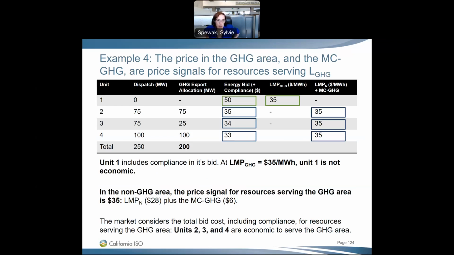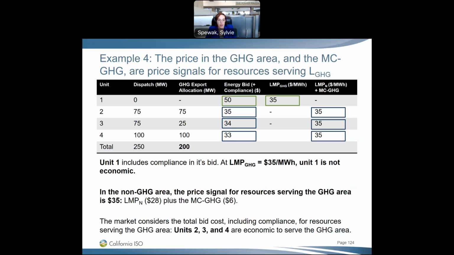All 3 units in the non-GHG area receive some GHG export allocation. So we do want to make sure that their energy bid plus compliance cost, compared to the LMP plus marginal cost of GHG, is an efficient price signal for them.